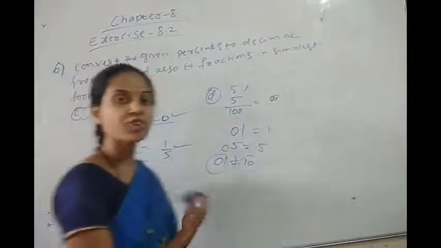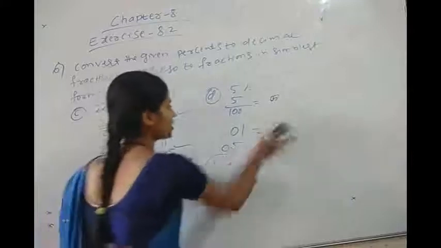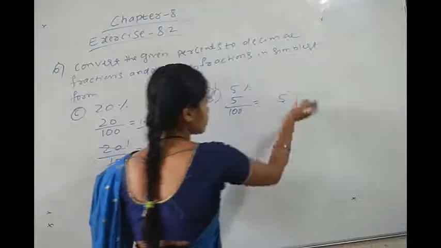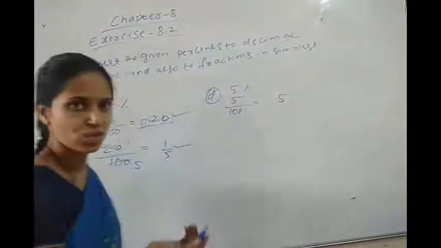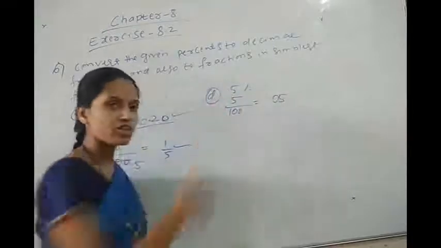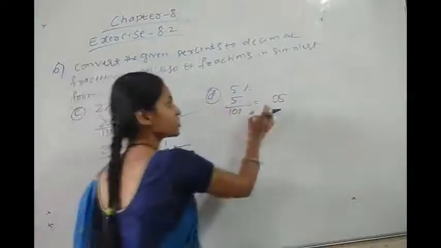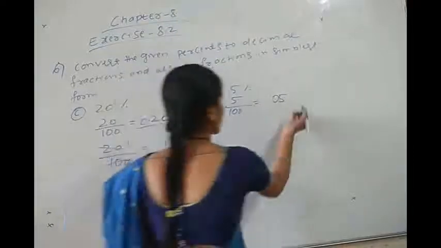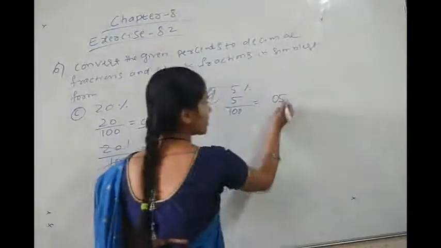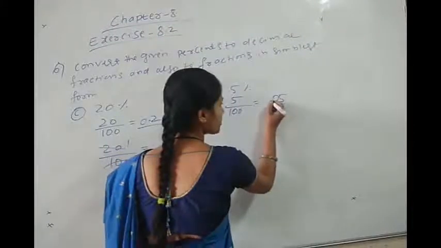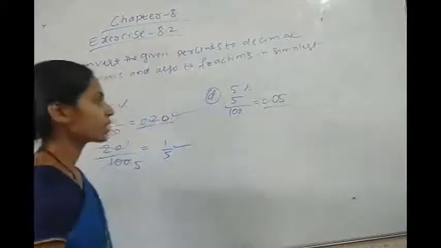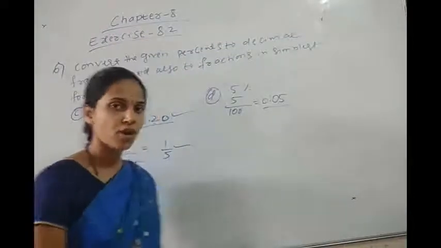They have different meanings. That's why I have written 05, which is nothing but 5 only. After 2 numbers you should keep the decimal. So count here 1, 2. I am having the 2 numbers. So keep the decimal here and write 0. So 0.05 is the decimal form of 5%.